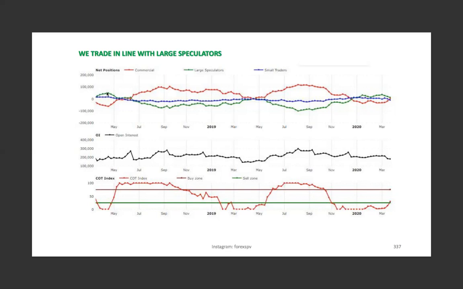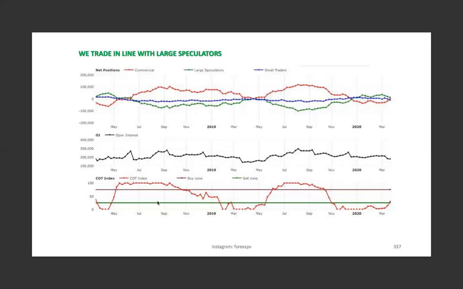So you can see these are the large speculators. If they are up here, the market is long; the market is short, it has reached an area of reversal, the market is reversing, going down.